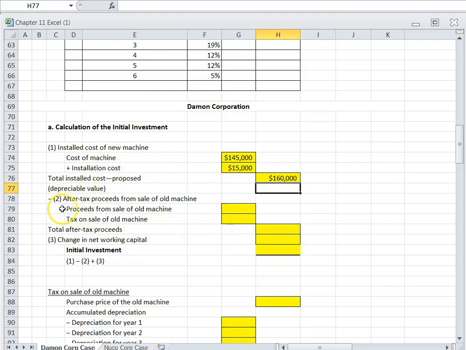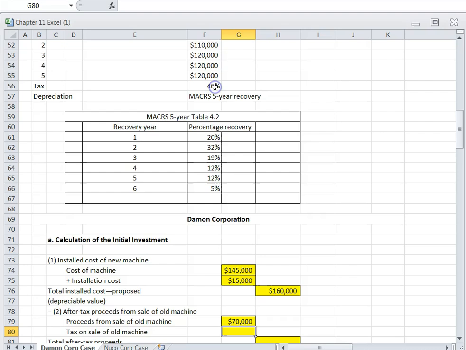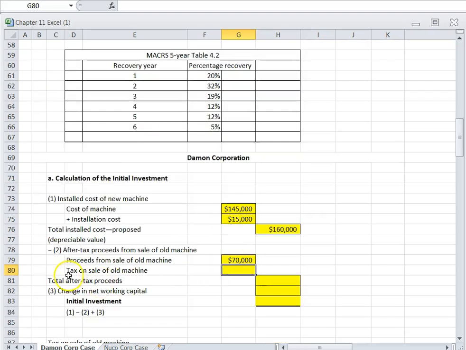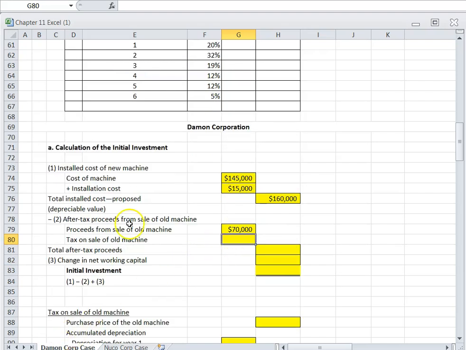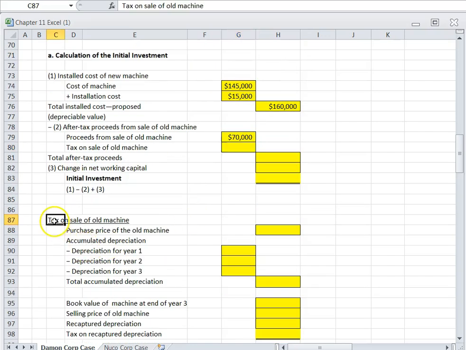Now, after-tax proceeds from the sale of the old machine. The old machine can be sold at $70,000, and then there's tax on the sale of the old machine. This is going to take a little work to figure out. To calculate the tax on the sale of the old machine, I'm going to have to come down here first and figure out a little schedule to figure out the tax of the old machine.